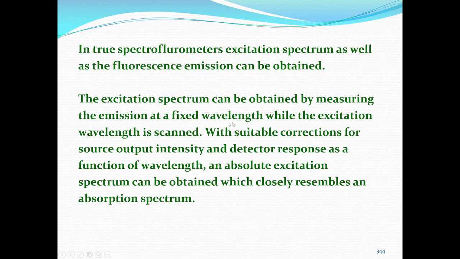So, that wavelength will be the excitation wavelength, and when we are scanning excitation, and once the correction is made for excitation along with source output intensity and detector response as a function of wavelength, an absolute excitation spectrum also can be obtained, which closely resembles an absorption spectrum. This point I have already conveyed to you.